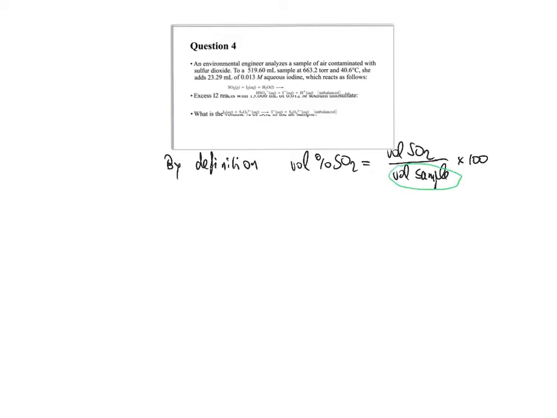Now, let's take a look. The volume of the sample is already given. It's right here, 520 milliliters of sample, given in milliliters. And the only thing left to calculate is the volume of SO2. Now, here comes in our knowledge from the first part of the class, because we have two reactions here. We have SO2 plus I2 plus H2O reacting.